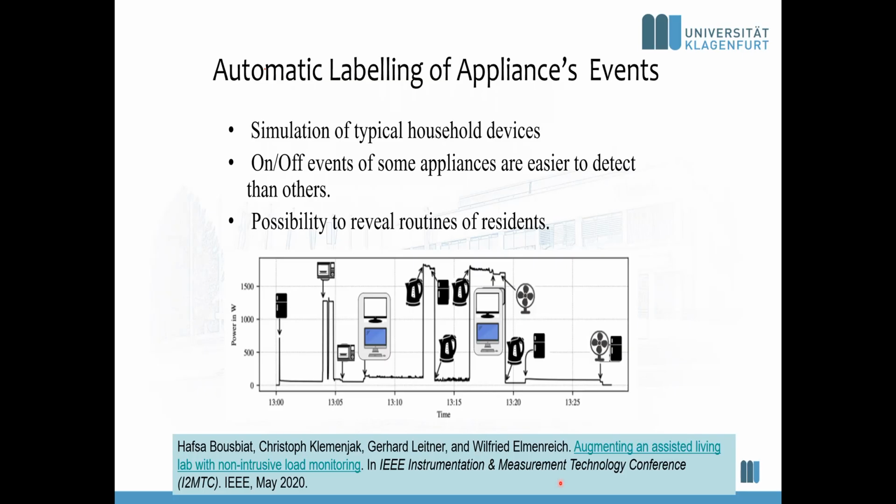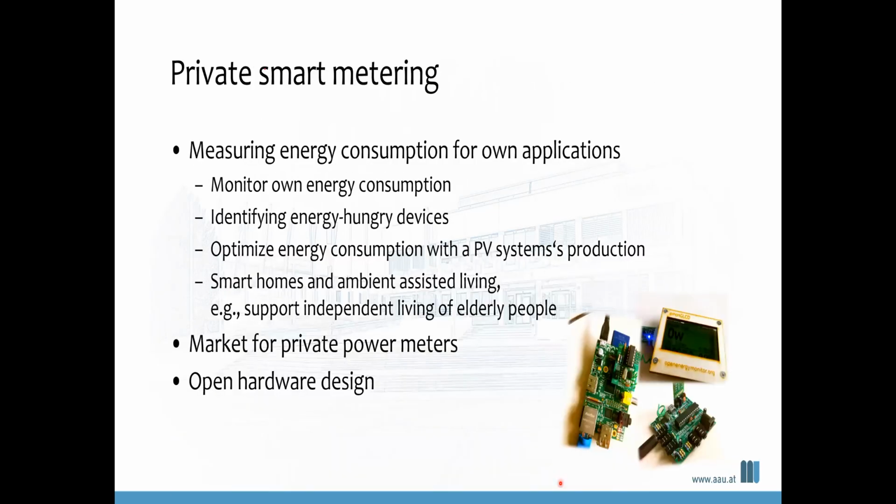And for those measurements, you might want to look also into other measurement devices. There is a market for this, private smart metering. Those are measurement devices that allow you to measure the energy consumption for your own applications.